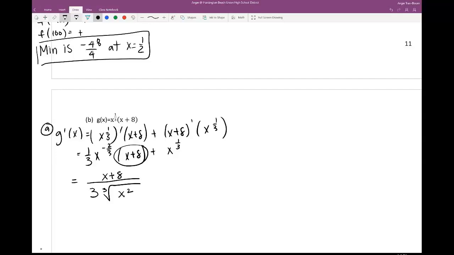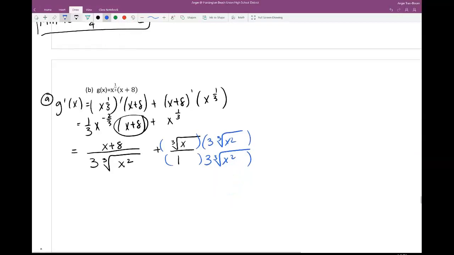Plus over here, can I say that that's 3rd root of x over 1? I'm going to find a common denominator. So on this side, I would now have to multiply by 3 times 3rd root of x squared. Denominators are now the same, so now I can just put it over one common denominator.